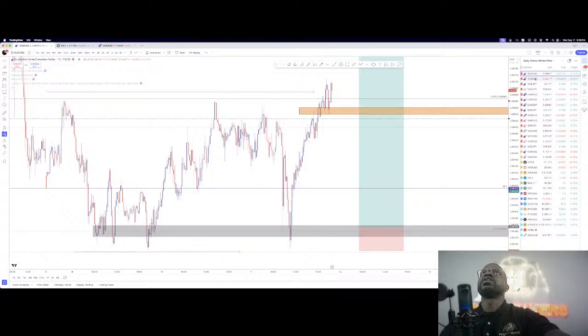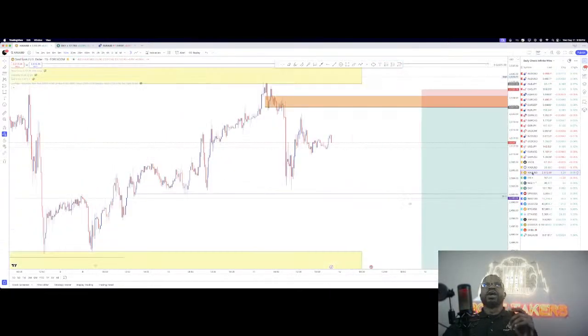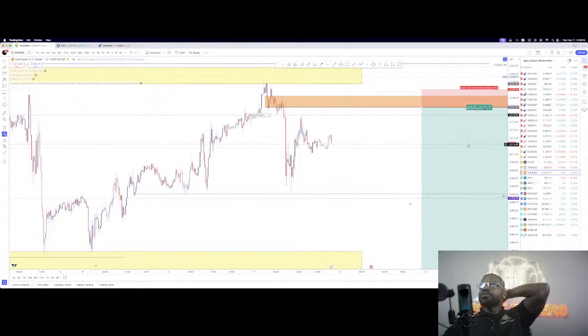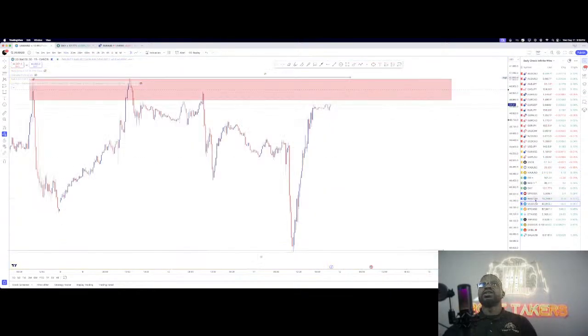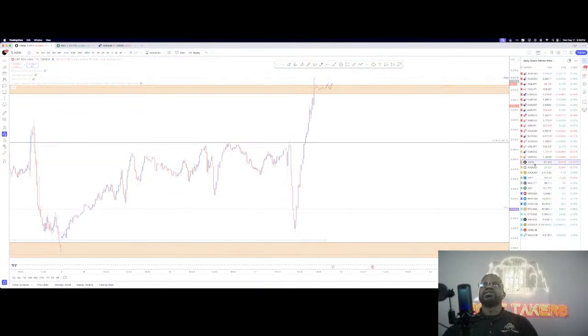But these pairs, AUD CAD, AUD USD, right now we want to see what happens with gold. We also want to see what happens with US 30, NASDAQ 100, and S&P 500.